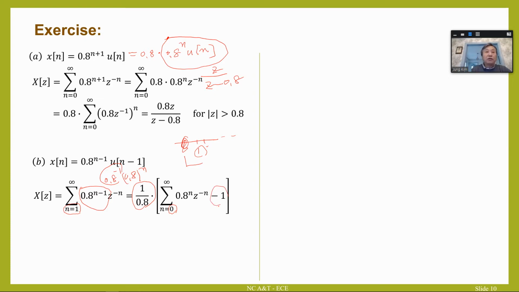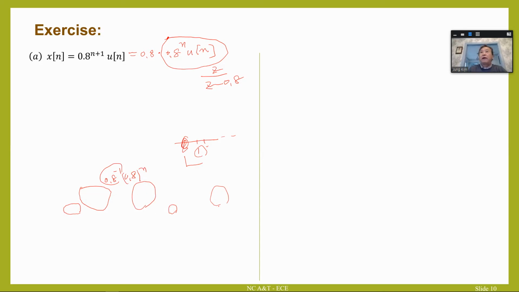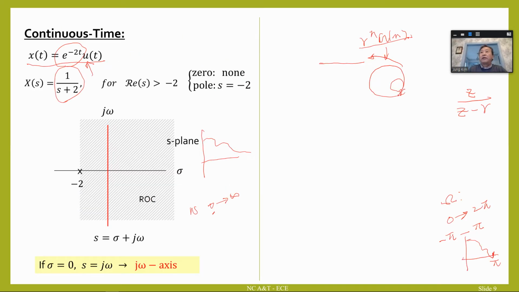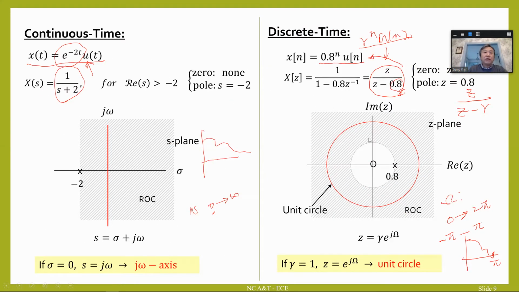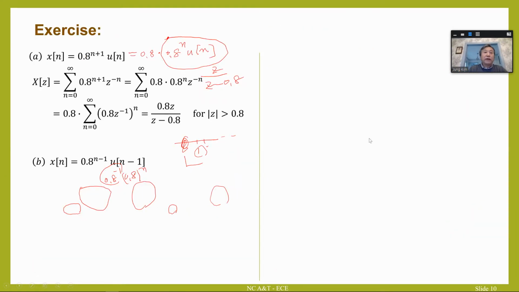Otherwise, you can do it this way. We can use this formula. Without this, you can do it like this, just from here directly.